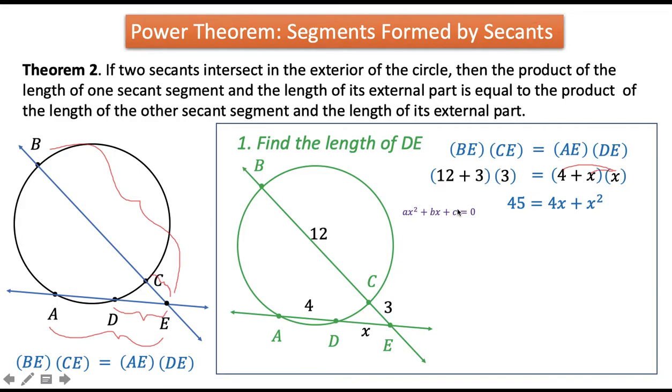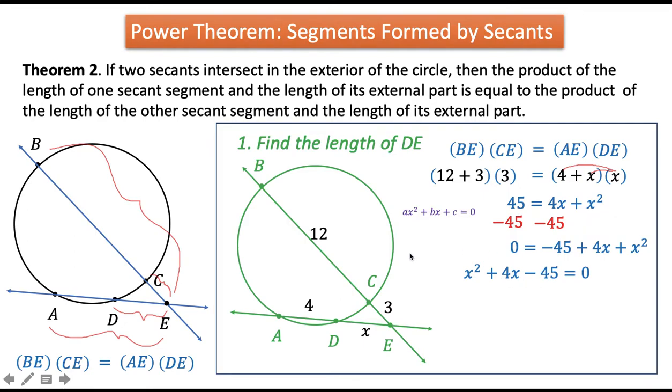Since we want one side to be 0, we add negative 45 to each side of the equation. So 45 minus 45 is 0. Then write down negative 45 plus 4x plus x squared. We can interchange this to arrange it into its standard form. So it becomes x squared plus 4x minus 45 equals 0.